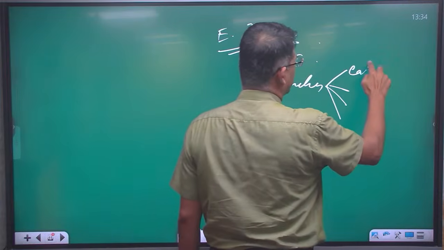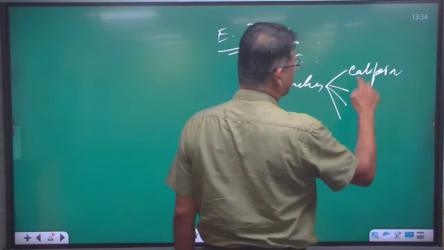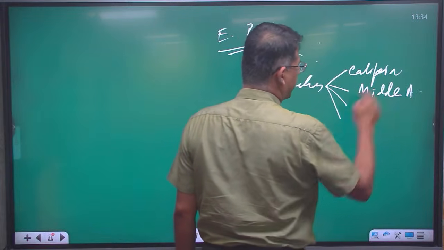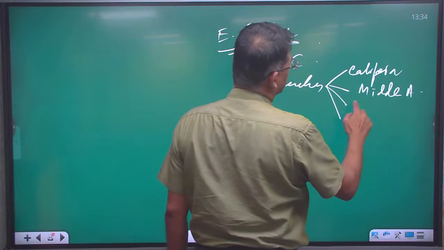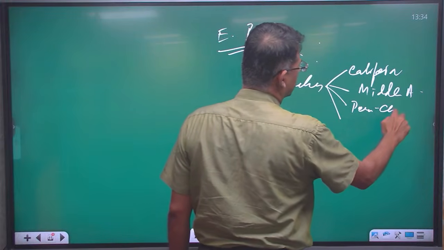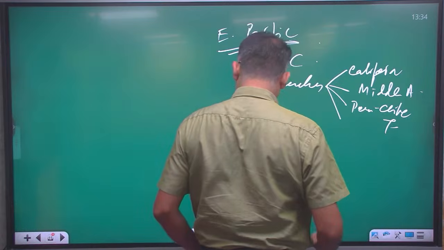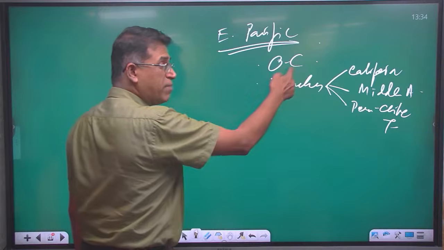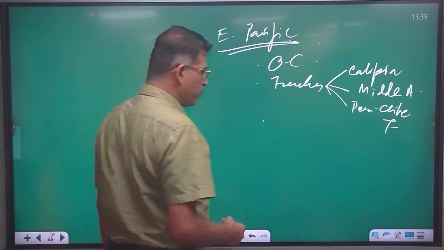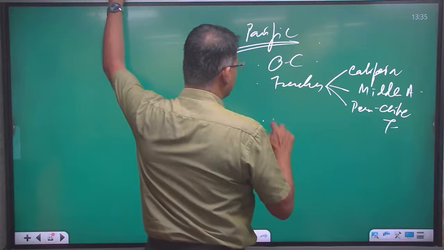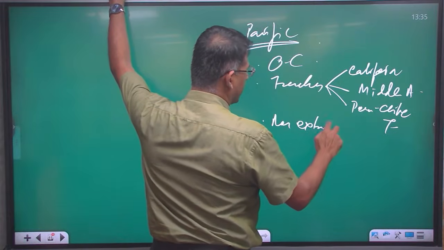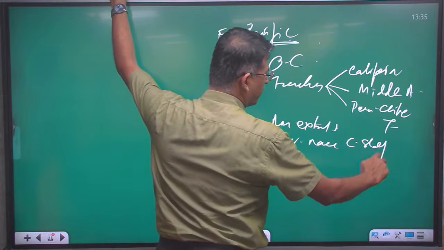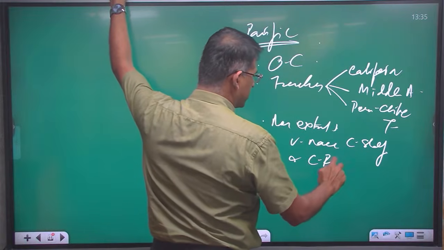We have the California Trench. We have the Mexican or Middle American Trench. And the longer one is the Peru and Chile Trench. These are OC margins, so the continental shelf is almost non-existent, and a very narrow shelf and rise.